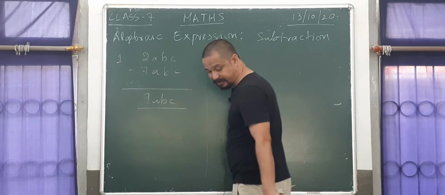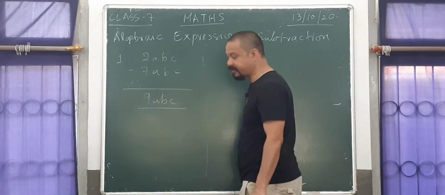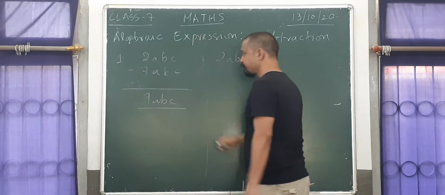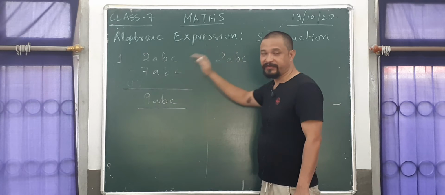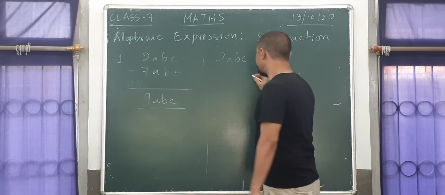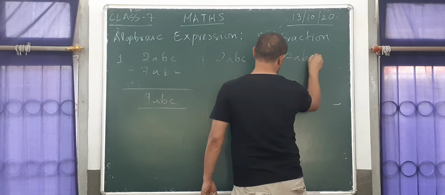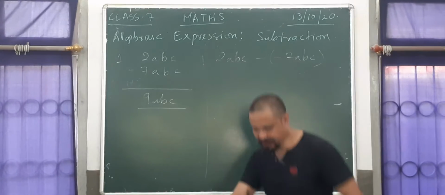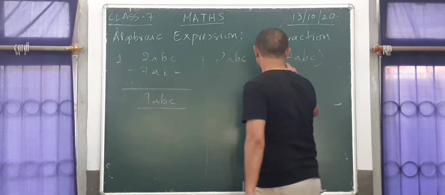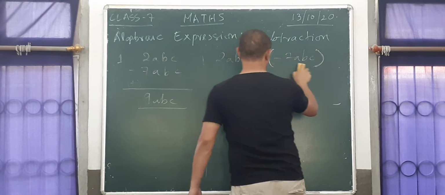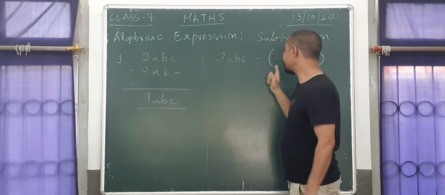The question says subtract minus 7abc from 2abc. If you write it normally, in the horizontal form, it will be 2abc minus 7abc, right? Can you see that we'll have to put this within brackets because this term already has a minus sign in it?